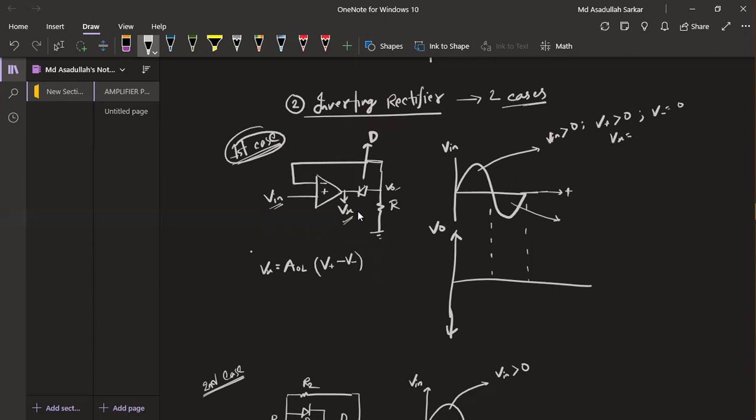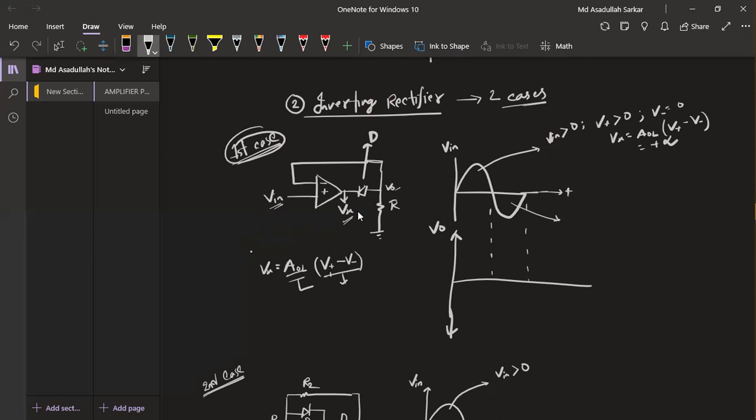Vx is the open loop gain multiplied by the voltage difference of the non-inverting and inverting inputs. So Vx will be the open loop gain times (V positive minus V negative), and this obviously will be plus infinite.